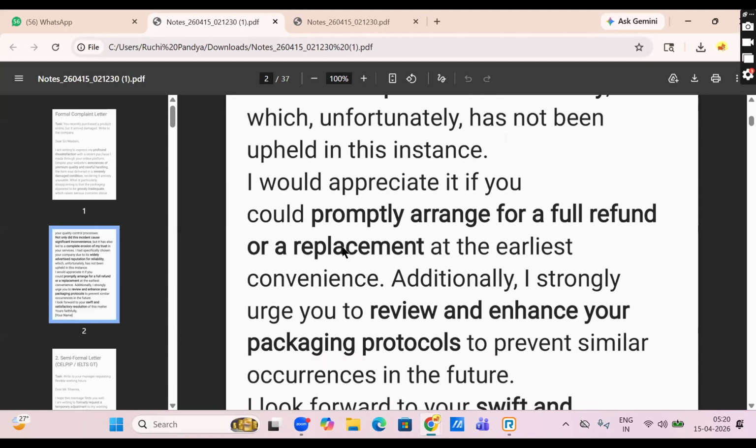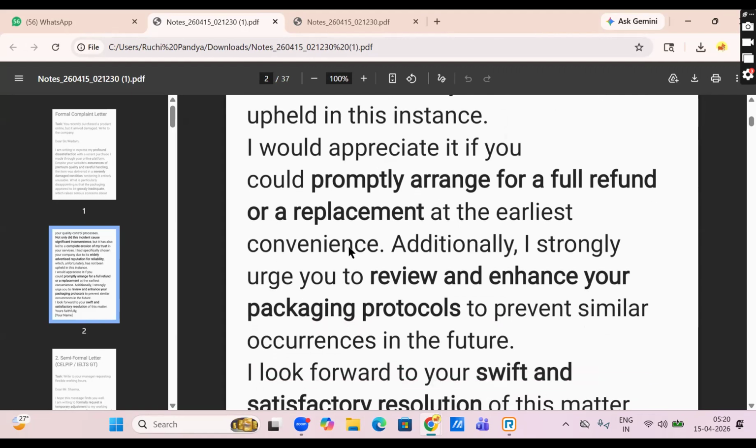Now, what do you want? I would appreciate it if you could promptly, matlab as early as possible, immediately, ठीक है? I would appreciate it if you could promptly arrange for a full refund or a replacement at the earliest convenience.